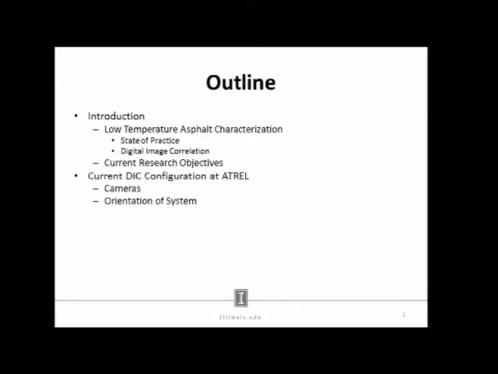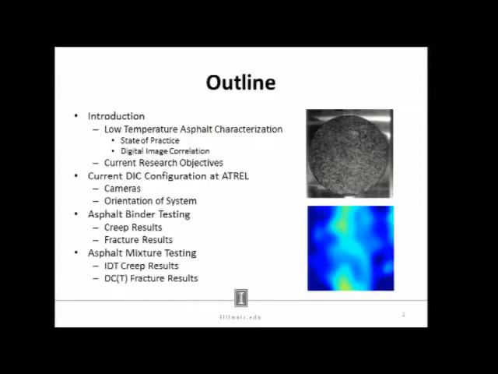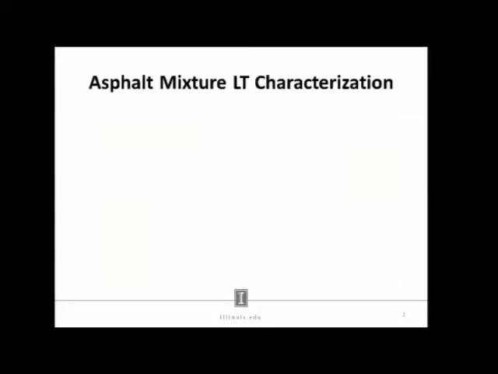Every DIC configuration is a little bit different depending on what your methods are, what you're trying to evaluate. So I'll get into specifically our cameras, the orientation of the system, and then I'll start with some asphalt binder testing that I did with Salman in regard to creep and fracture, and then finish up with asphalt mixture testing in terms of the IDT creep and DCT fracture energy results that we evaluated.